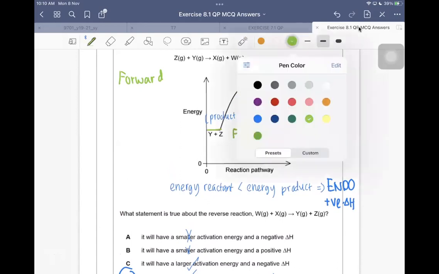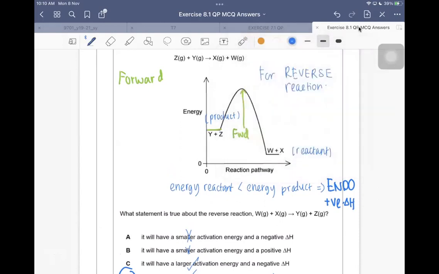If I am going in reverse, which now I'm going to use my blue, I start from W plus X. Start here. Sorry, start here for reverse reaction.